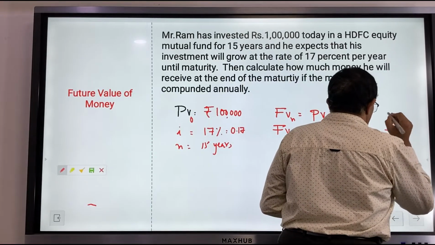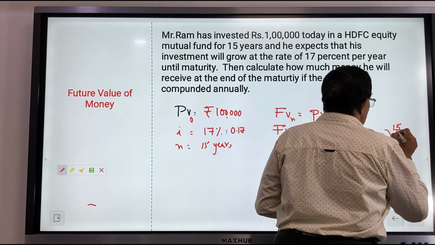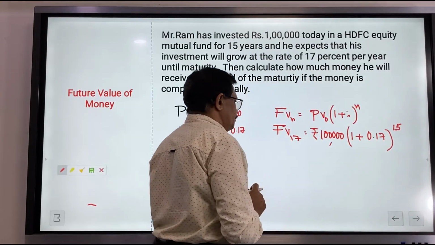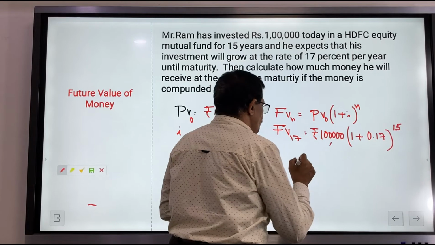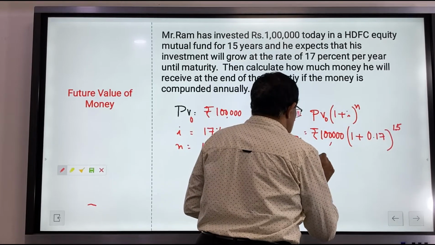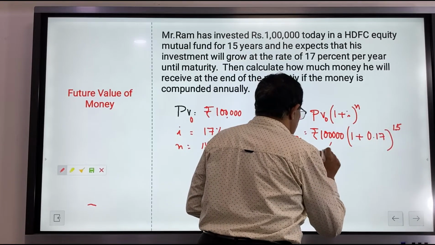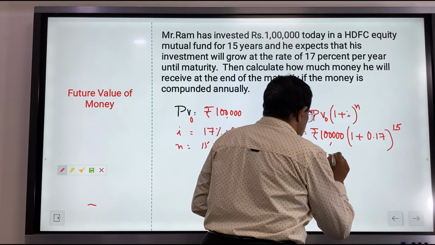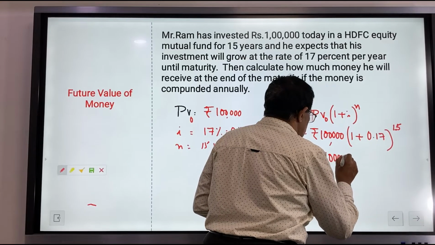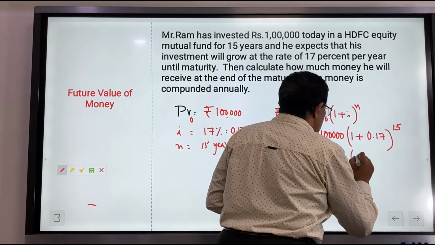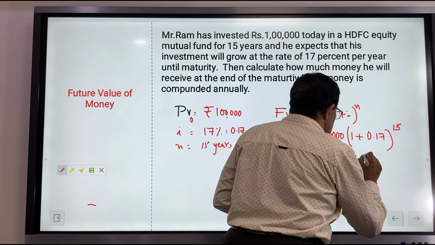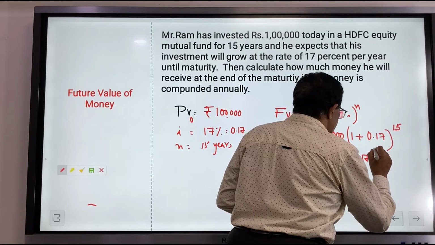So we need to calculate this particular value with a scientific calculator. So the future value will be equivalent to 1 lakh multiplied by 1.17 to the power of 15.